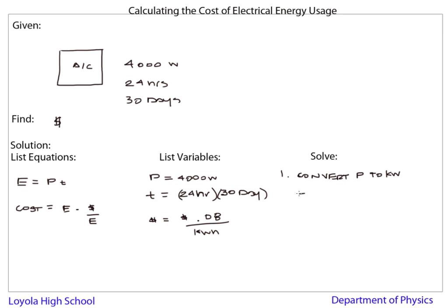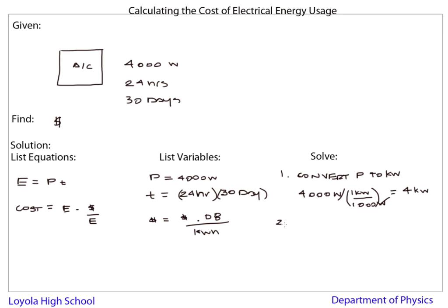So I'm going to say 4,000 watts, and for every 1 kilowatt, there's 1,000 watts. So we'll do a little conversion here. So the watts cancel. So I'm left with 4 kilowatts. The equivalent amount, just a different unit.